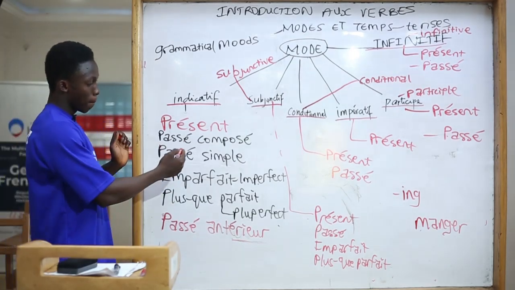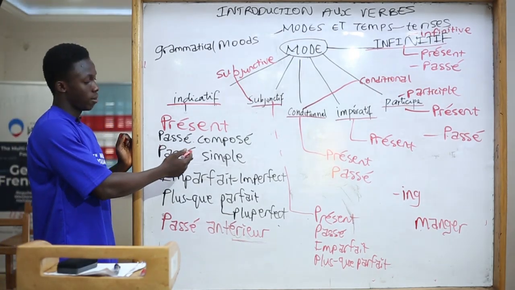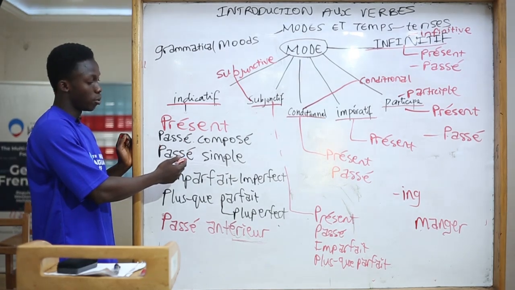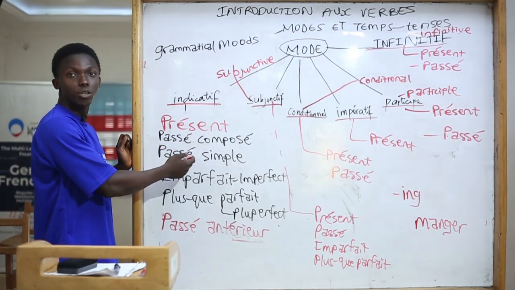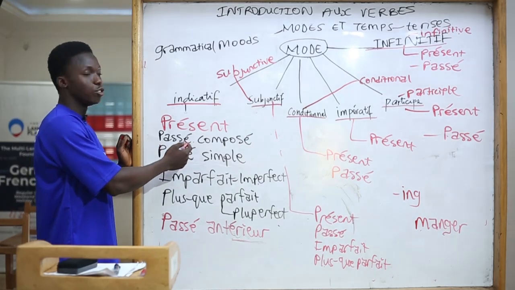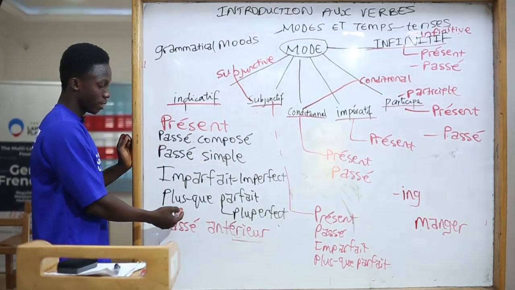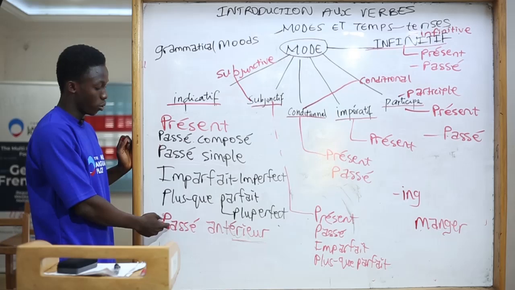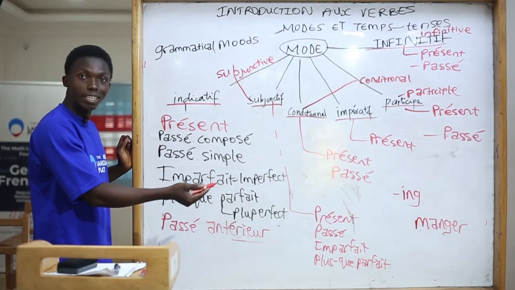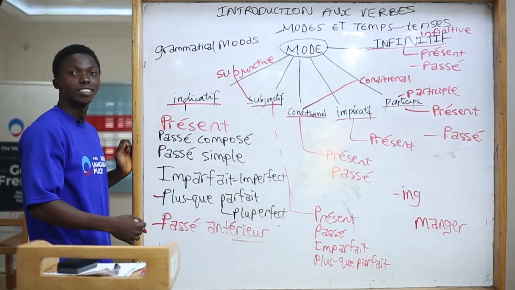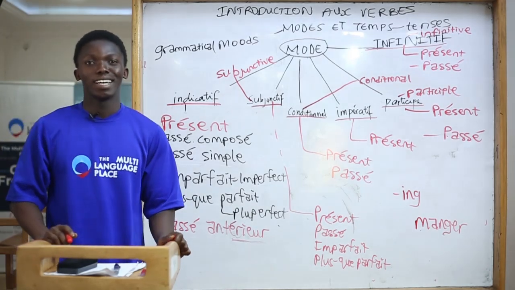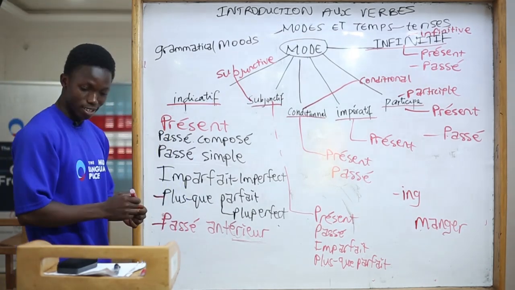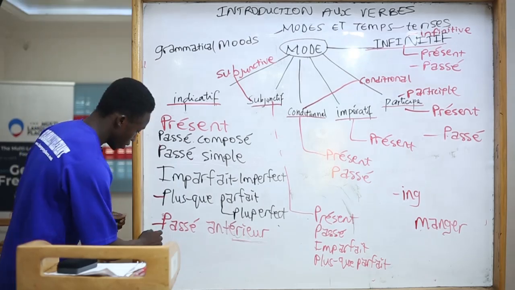Now, passé composé denotes past. Passé simple also denotes past. But this is more literary than this. This is used in novels and literary works, while this is used in everyday life. The same thing applies to passé antérieur. This is used in everyday life, while this is used in literary works, novels, poems, and so on and so forth.